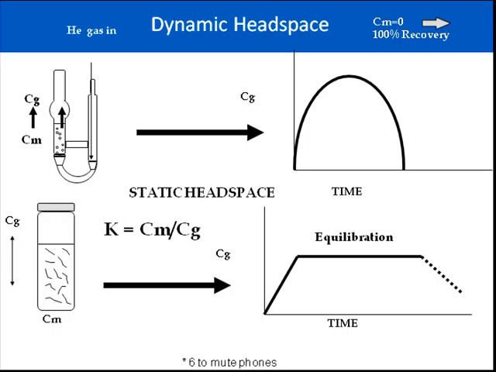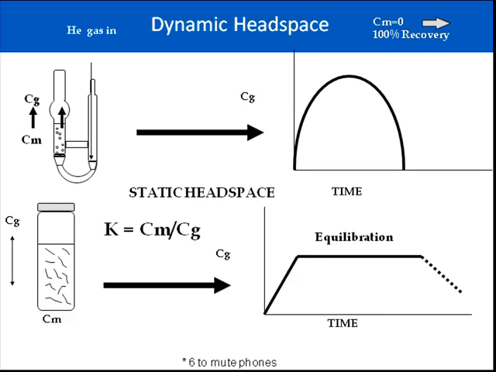As you can see from the graph over here, in purge and trap, the idea is to get a 100% recovery of the analytes. So when we send the helium through, typically we may purge a sample for, let's say, 11 minutes at 40 mL a minute. And in optimum conditions, if you have a lot of volatile analytes in that solution, we should be able to purge most of those analytes out.